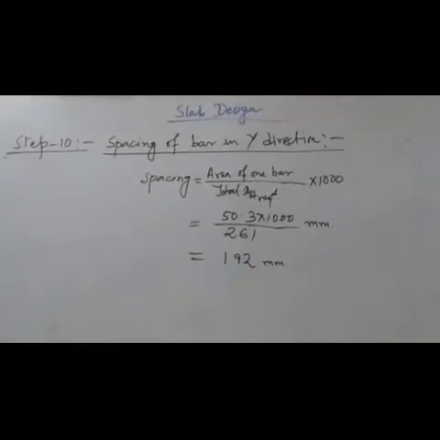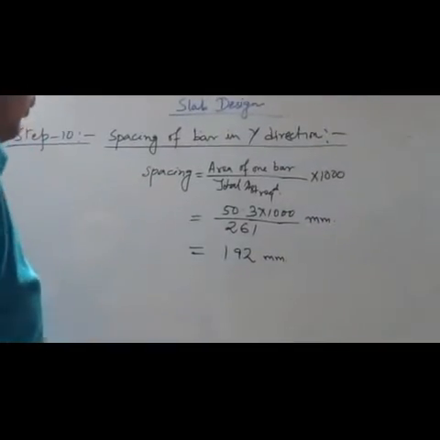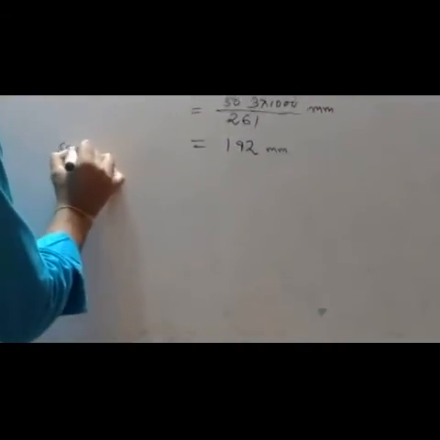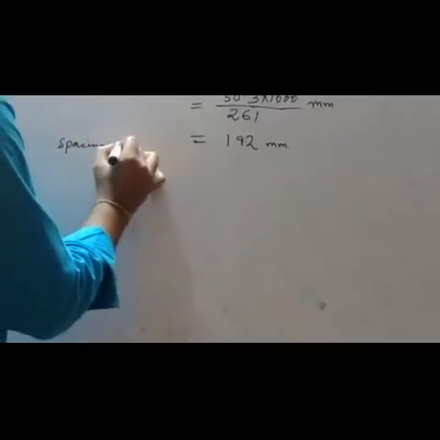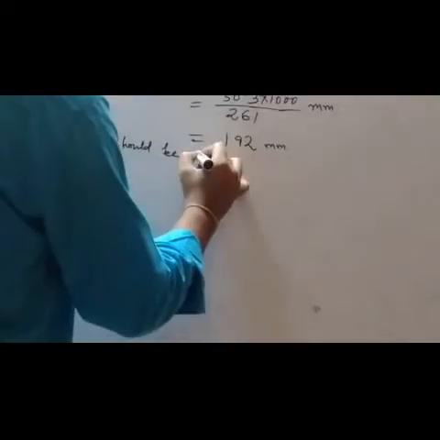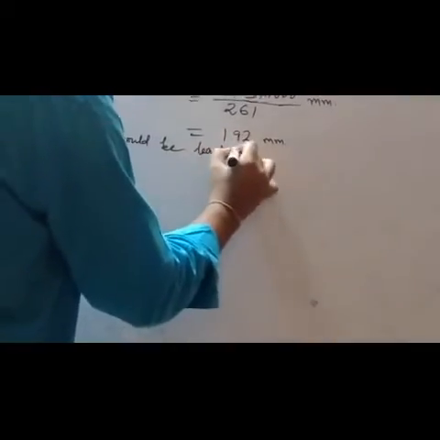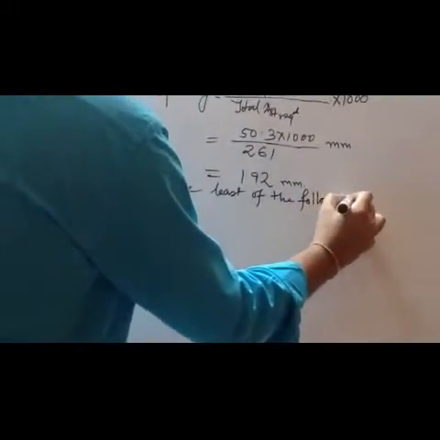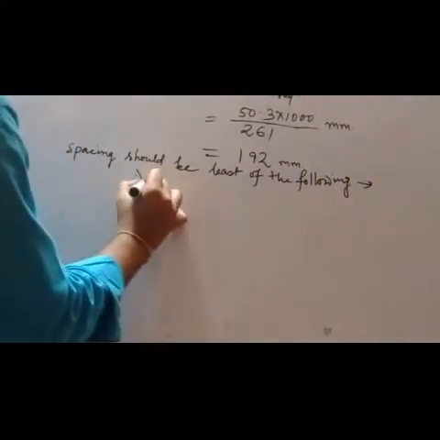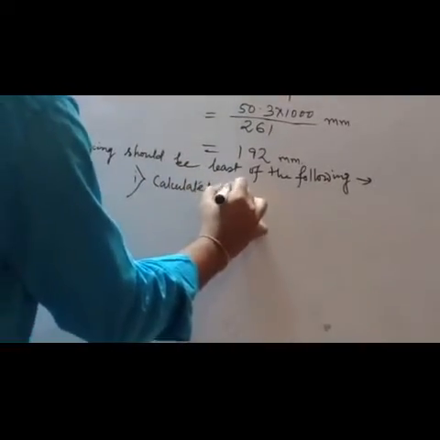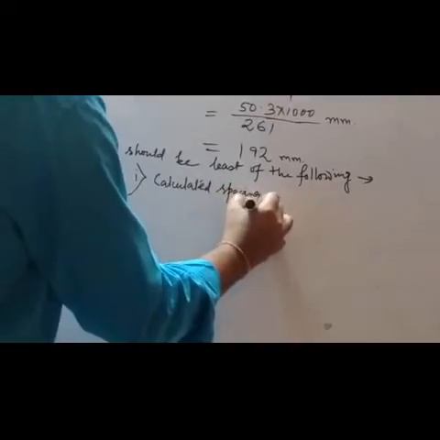Now you have to check for spacing, because spacing should be least of the following. The first one is calculated spacing, as in the x direction.